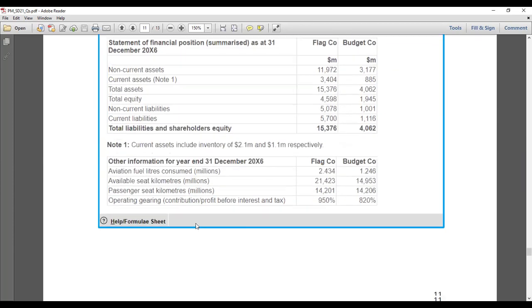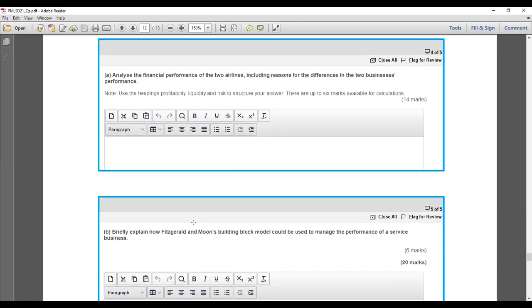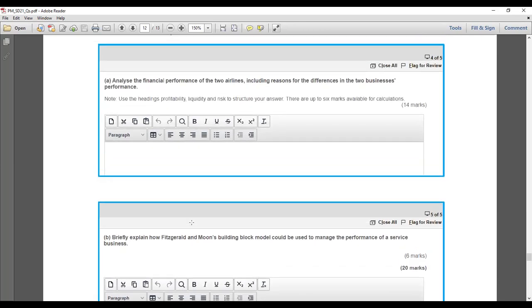Let's look at the question that came here. Let's look at the question here together. Analyze the financial performance of the 2 airlines, including reasons for the difference in the 2 business performance.